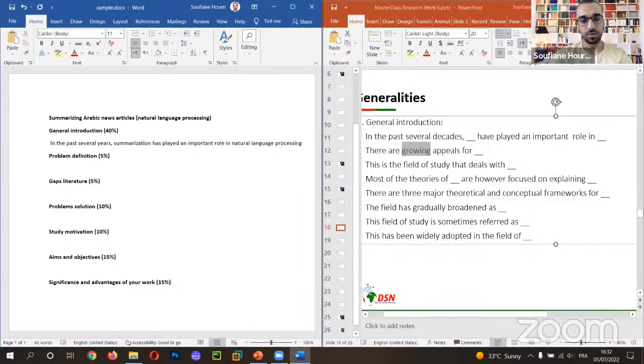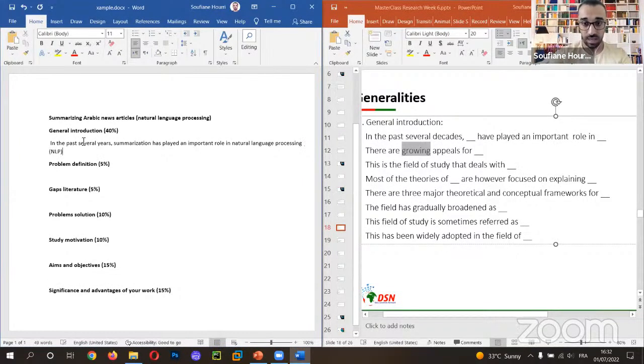Just to note that the first time you use natural language processing, it's well known as NLP. So here I can say NLP, and after that I can use NLP instead of natural language processing, I will use only NLP.